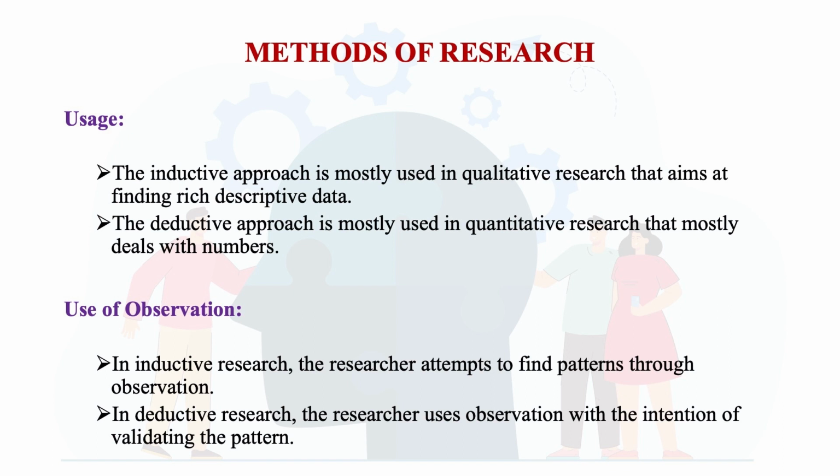In deductive research, the researcher uses observation with the intention of validating the pattern. So as I mentioned, theorizing is mostly inductive, where you can do quantitative work but you theorize it. But deductive research is theory, you test it and bring quantity.